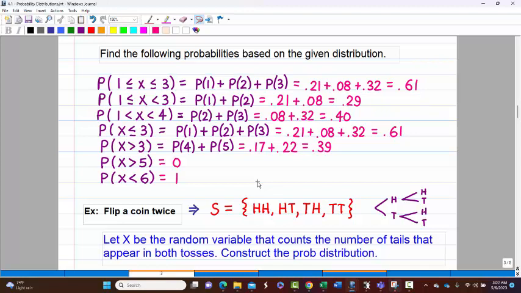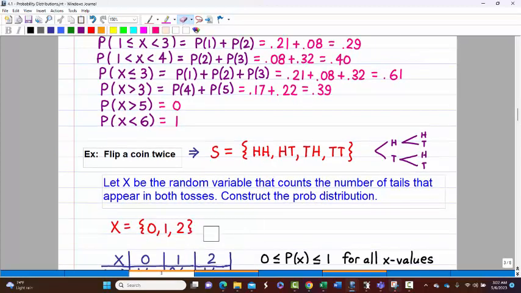It's possible to get 1 tail. And then it's possible to get 2 tails. So the only possible outcomes here are 0, 1, and 2. There's no other answer you can possibly get. You would have to flip the coin more times to get more answers. So we know these are the x's here, 0, 1, and 2.